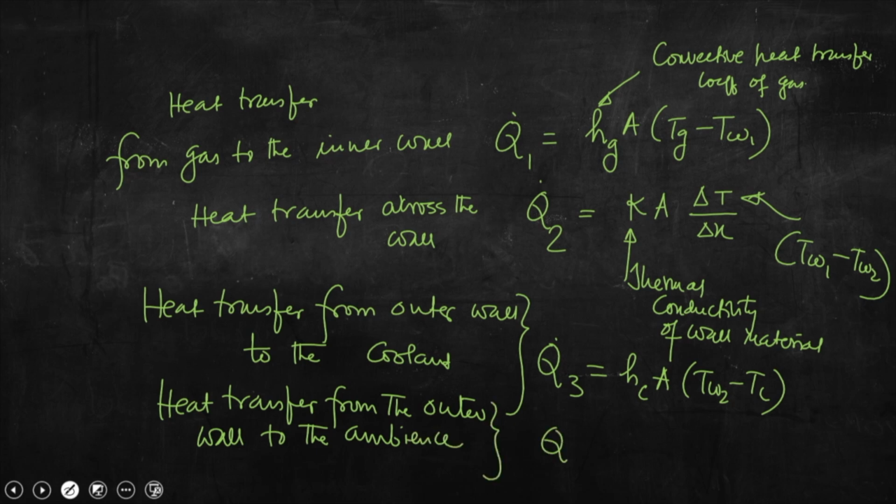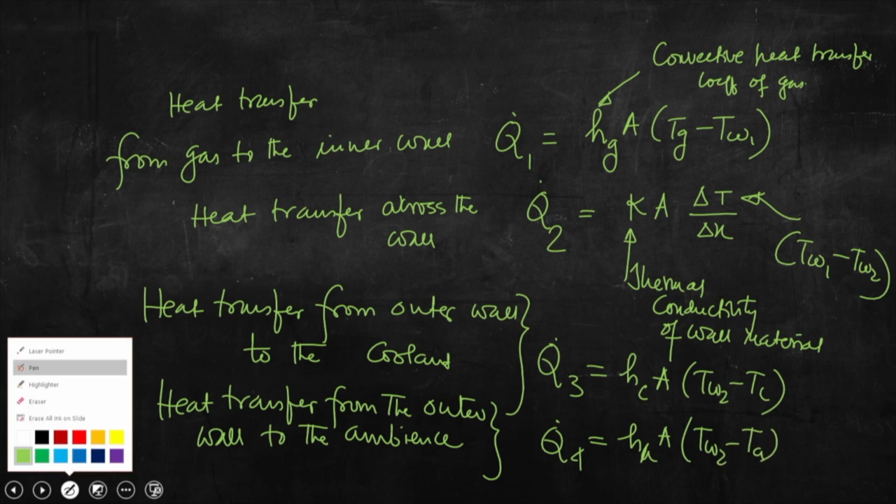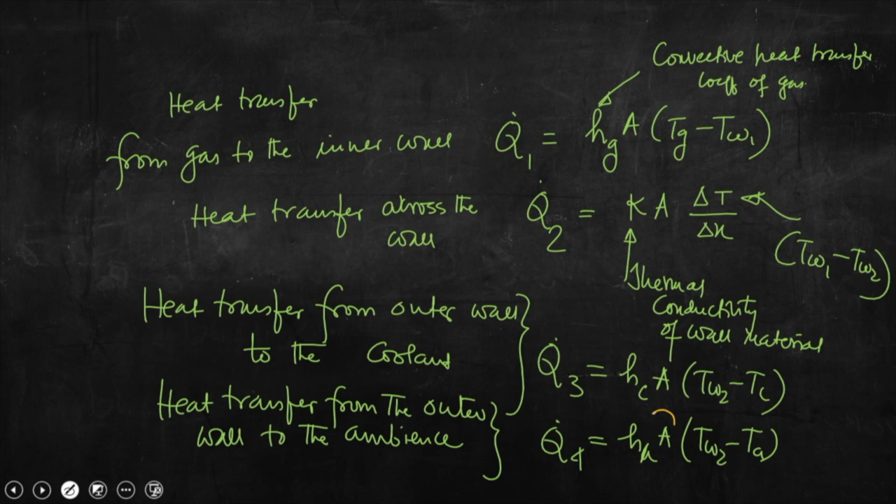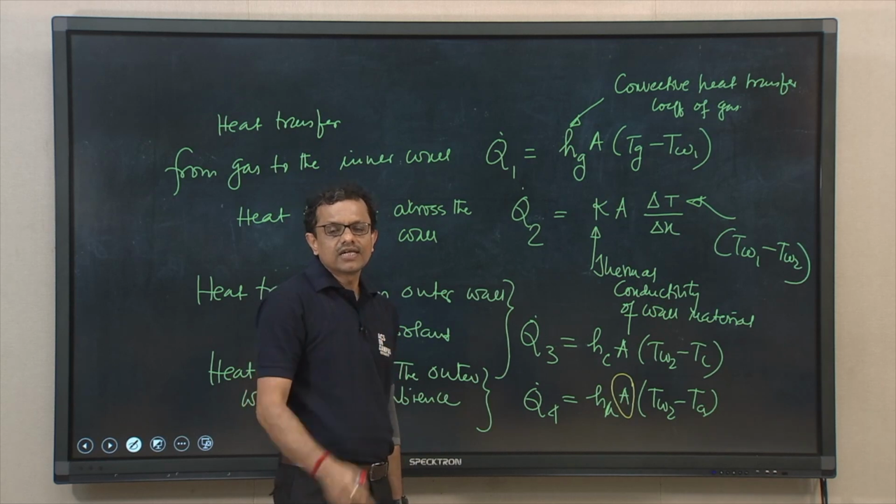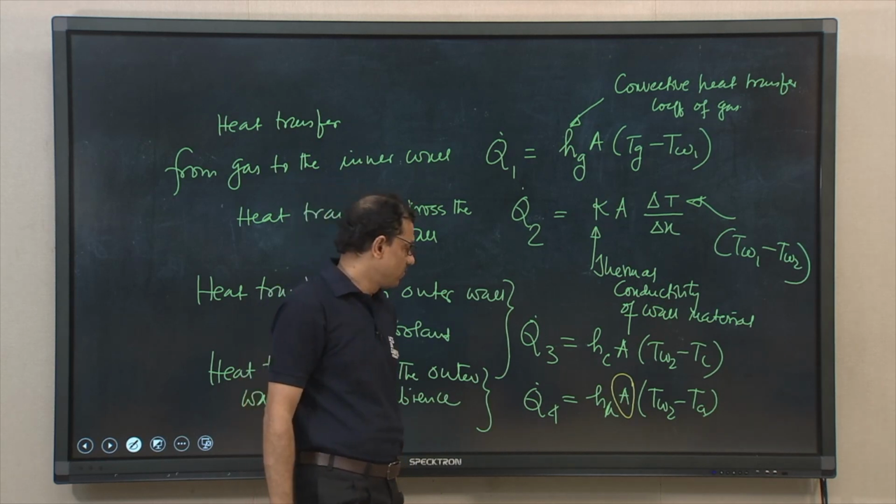that is q dot 4 equal to H A into, now this A, this is the surface area which is not in contact with the coolant flow.